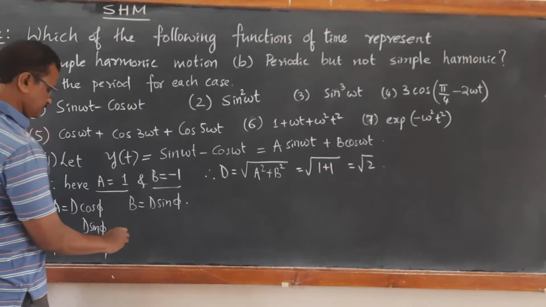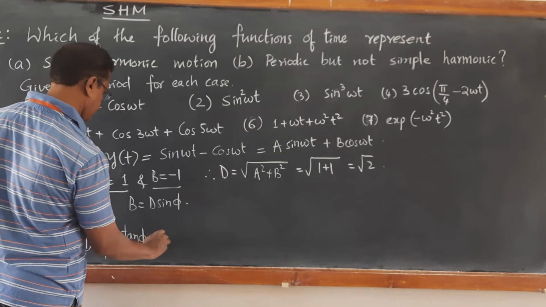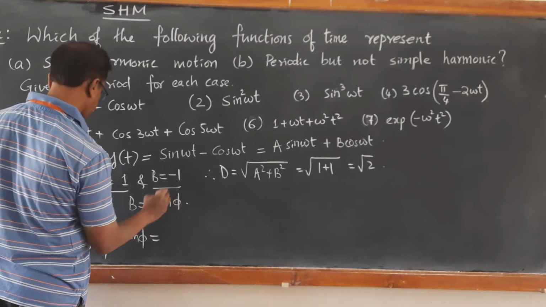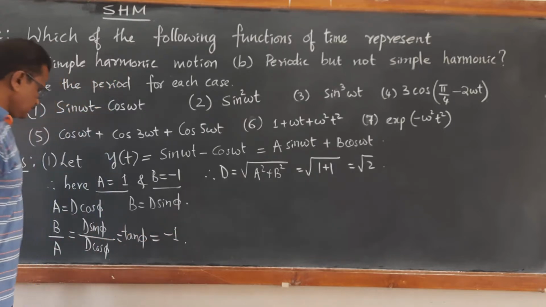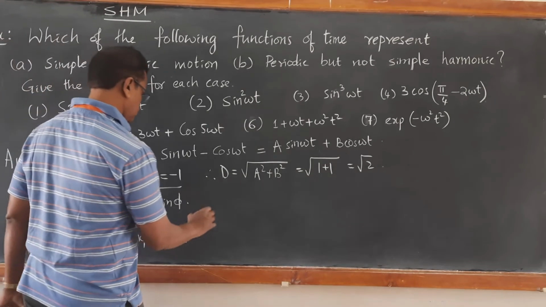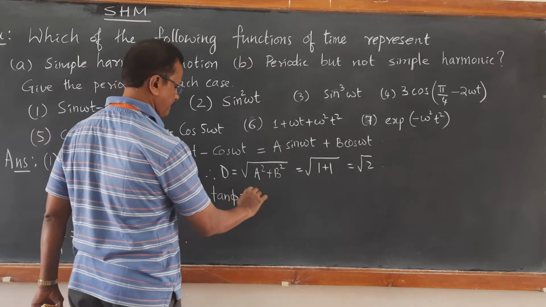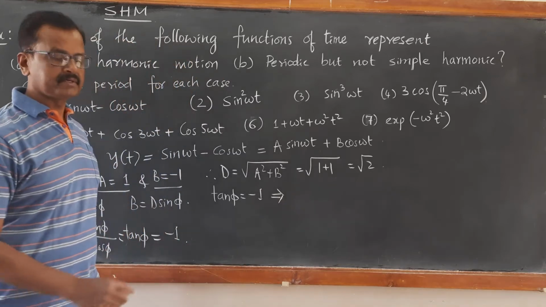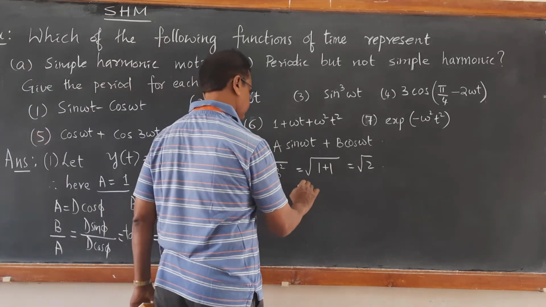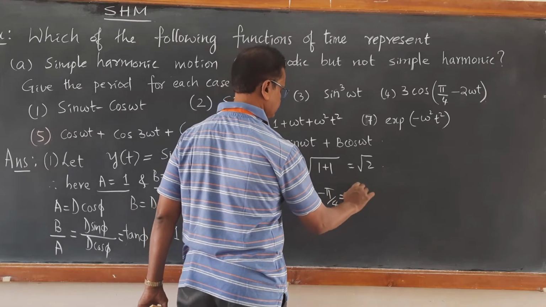So d cancels, you are getting tan phi. Tan phi is equal to minus 1 by 1, so it becomes minus 1. Therefore, tan phi is equal to minus 1 implies phi should be equal to minus 45. The phase angle phi should be equal to minus 45.